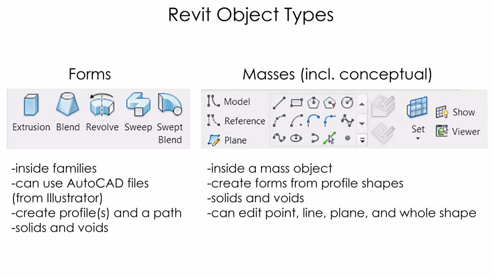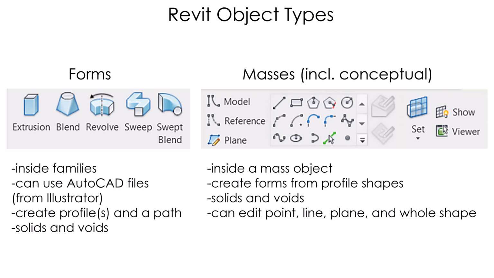Now, masses are the other type of Revit object, and you can also mass in place in the model, and this is great when you want to squeeze something into some unusual geometric corner in your design. But also there are conceptual masses, which are standalone, separate from the rest of your model.